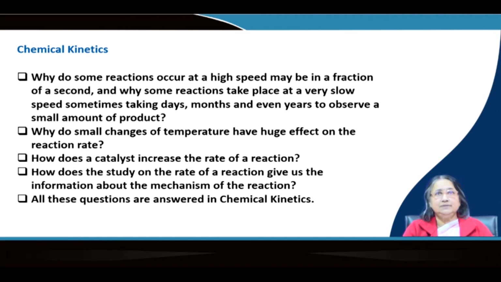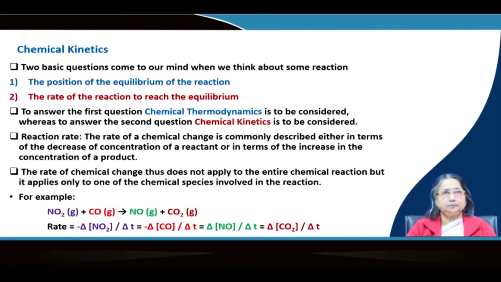So, a catalyst is very important to make a reaction very fast. How does the study of the rate of a reaction give us information about the mechanism of the reaction? All these questions are answered in chemical kinetics. So, these are the scopes of chemical kinetics.